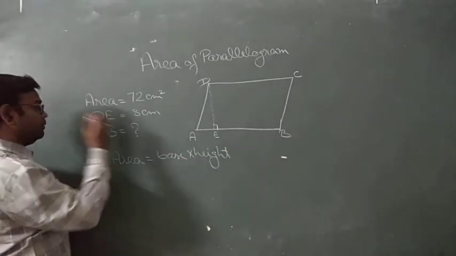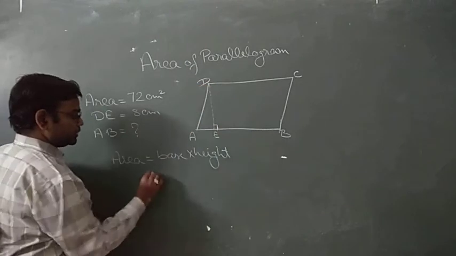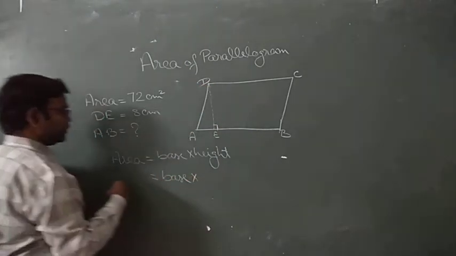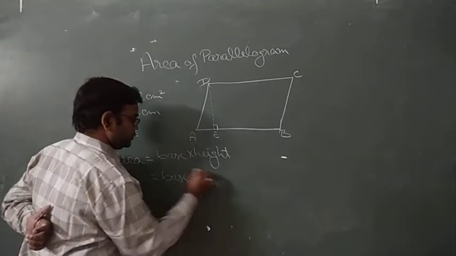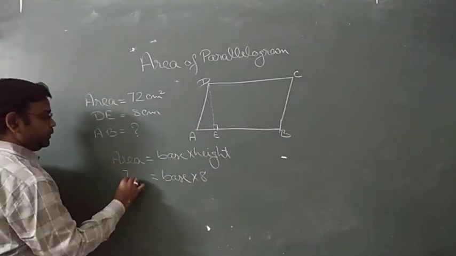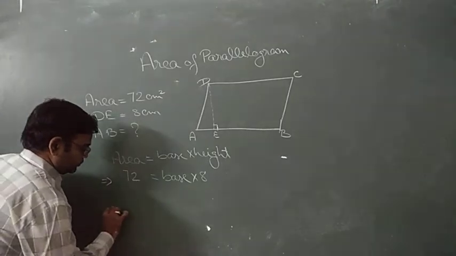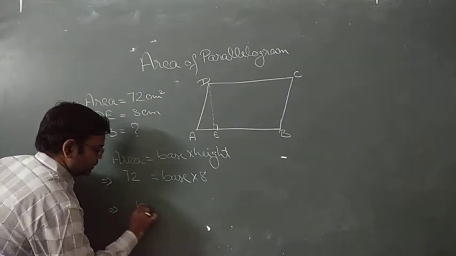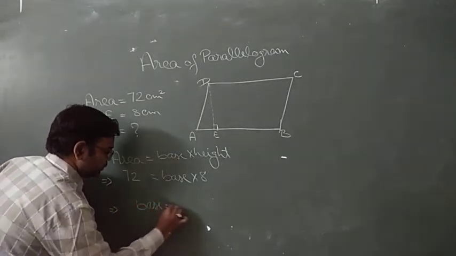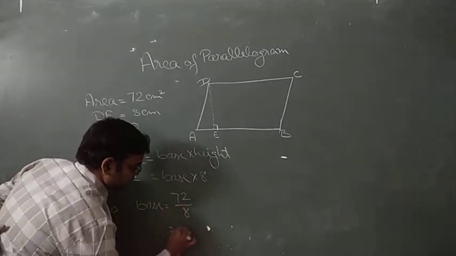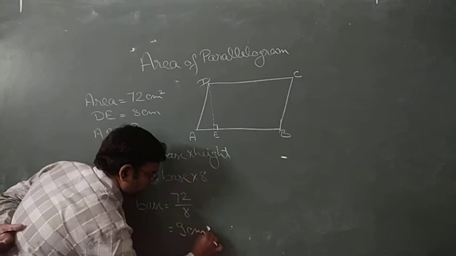Here we have the height, that is the perpendicular distance, but we don't have the base. Place all the values: 8, area 72. Therefore we can say that base equals 72 upon 8. It's 9 centimeter.